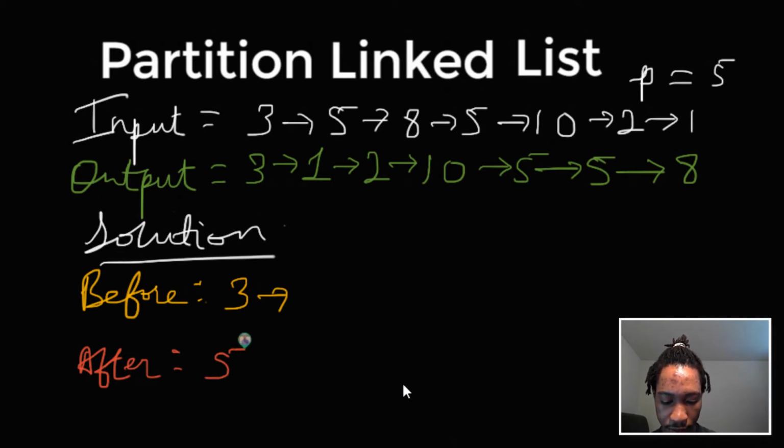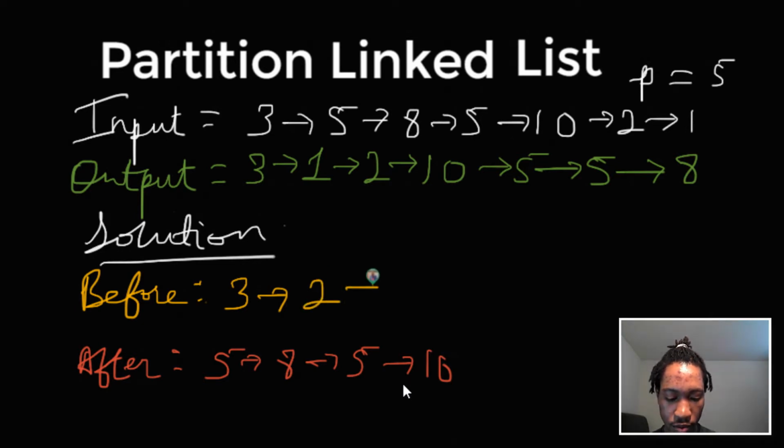Then we get to 8. It's greater, so we add 8. Then we get to 5, it's greater or equal, we add 5. Then we get to 10. It's greater, we add 10. Then we get to 2. 2 is less, so we add it to the before list. Then we get to 1, also less. We add it to the before list, and now we're done iterating through the list.